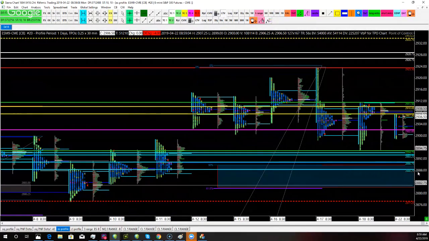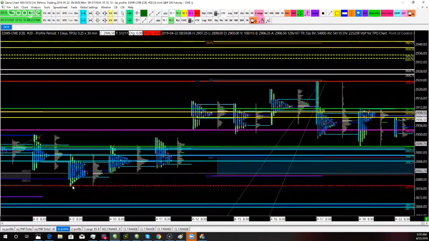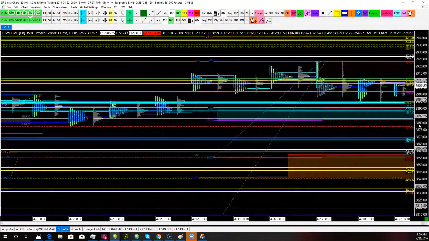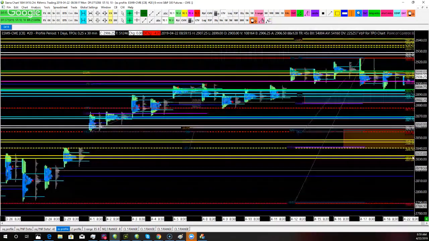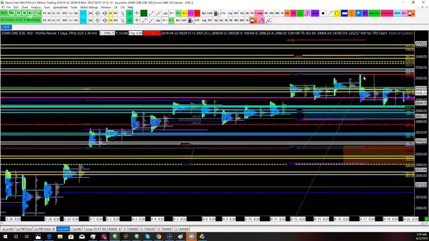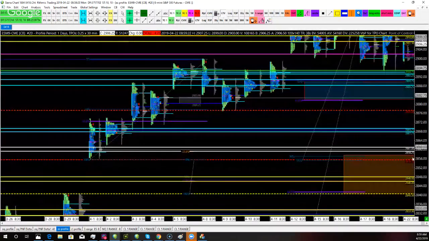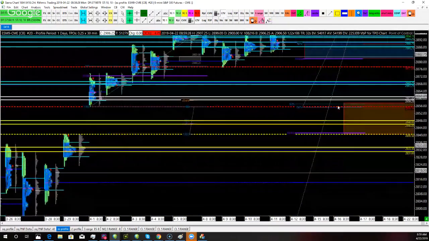This is the 50-60 from back over here, there's a 50-60 from the gap up to the top. And the second area down here, sitting at 2857 down to 2840, covers 17 points of range. Those are two important areas.